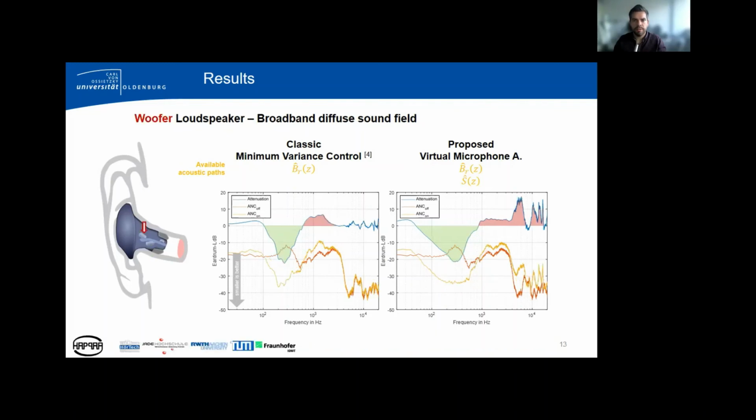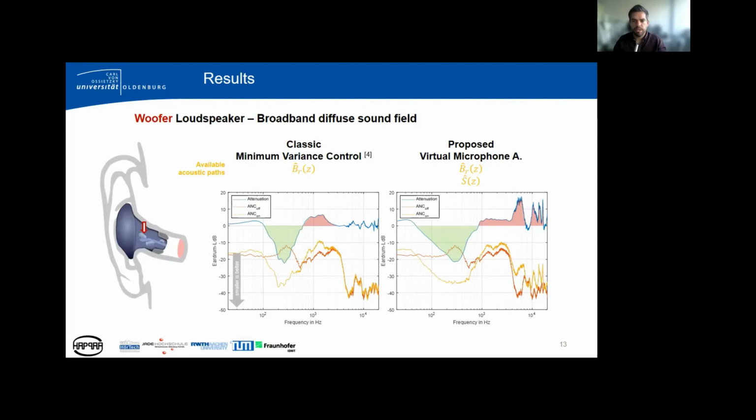In the second experiment, we consider the woofer loudspeaker of the closed earpiece, marked here with a red arrow. We optimize both controllers using acoustic paths related to the woofer loudspeaker. The acoustic scene is simulated again and the attenuation curves are recalculated. In this experiment, the improvement achieved by applying the proposed optimization procedure could be corroborated, but the attenuation in low frequencies became comparable between both approaches, with both controllers achieving roughly 20 dB of attenuation.